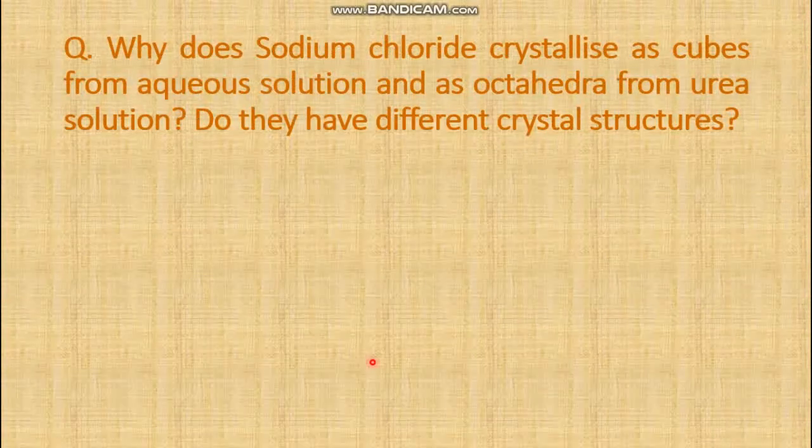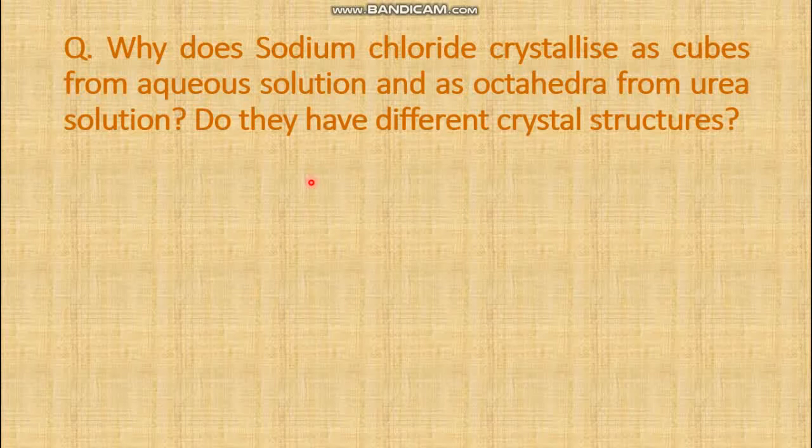Now one question might arise: sodium chloride crystallizes as a cube when it is obtained from an aqueous solution, whereas an octahedral shape is obtained when it is taken from urea solution. So the question is, why does sodium chloride crystallize as cubes from aqueous solution and as octahedra from urea solution?